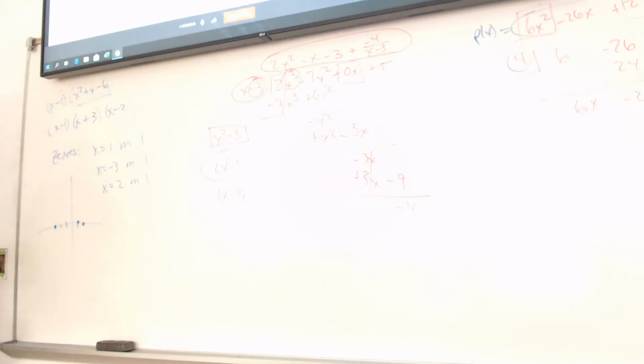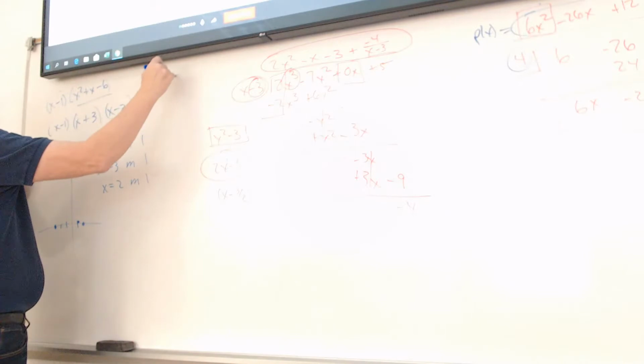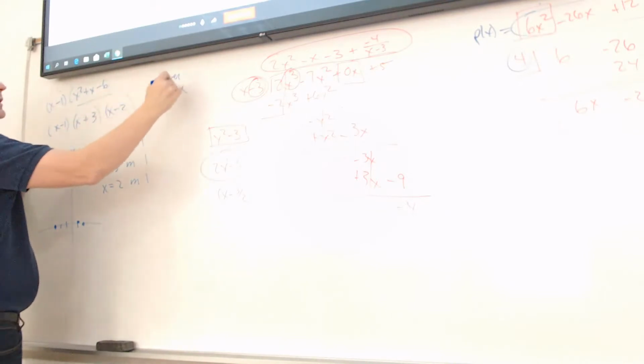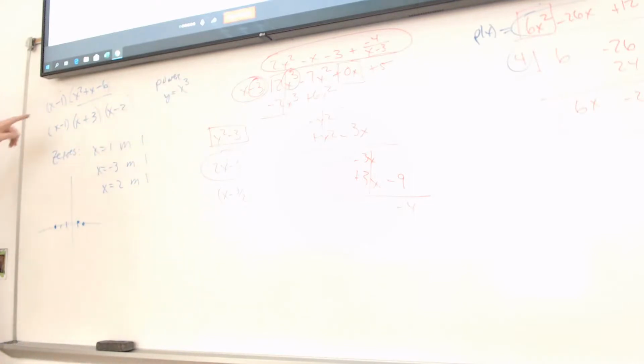Okay, what's my power function? y equals x cubed, right? And so it's going to start high or low? Low. It's going to come up to negative 3, and it's going to cross. It's going to come to 1, and it's going to cross, and it's going to come to 2, and it's going to cross. Look at that.